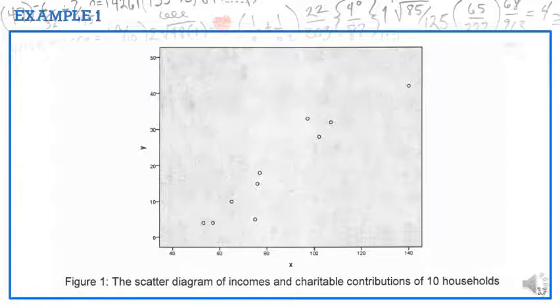So, figure 1 is the scatter diagram of incomes and charitable contribution of 10 households. So, X here should be your income and Y here should be your charitable contribution.